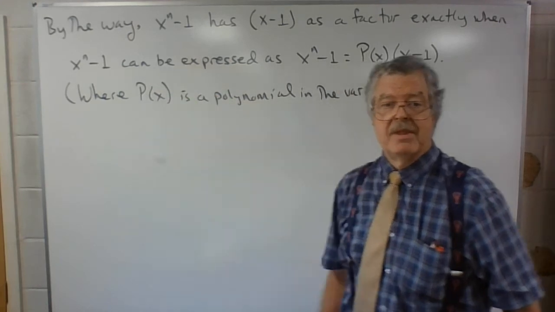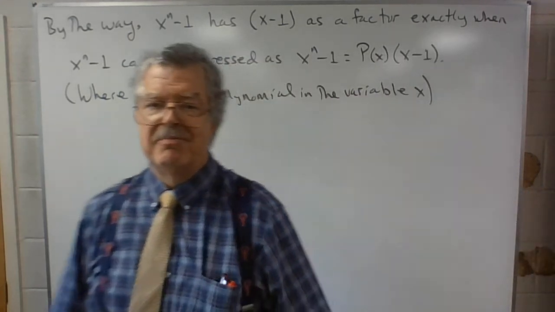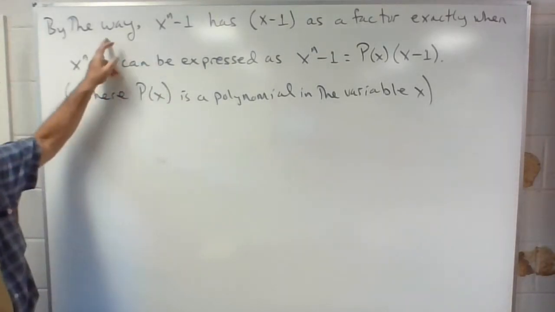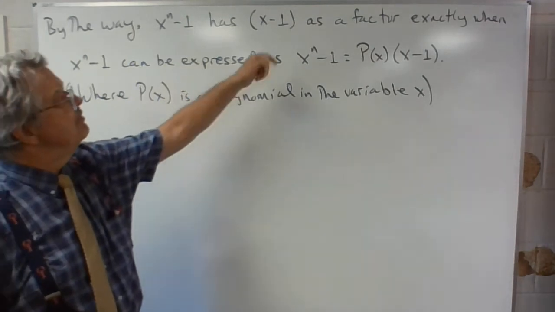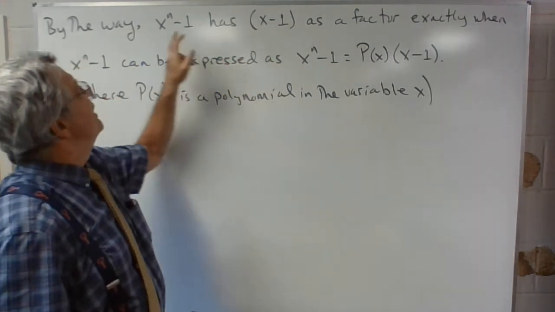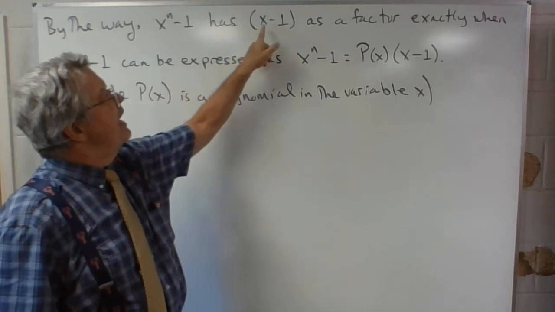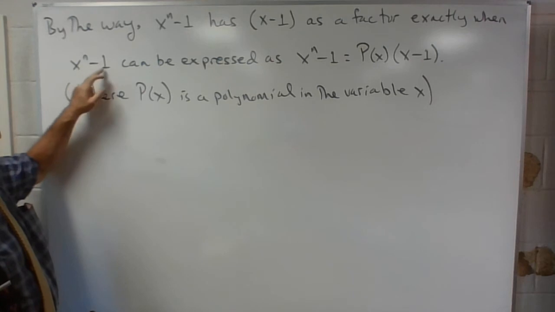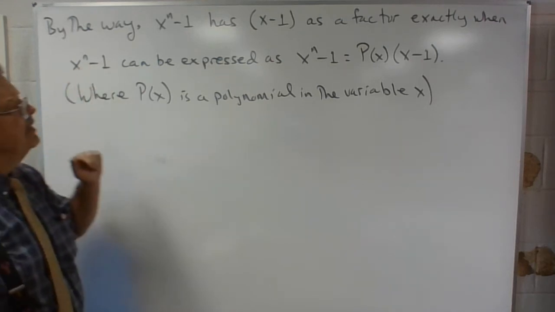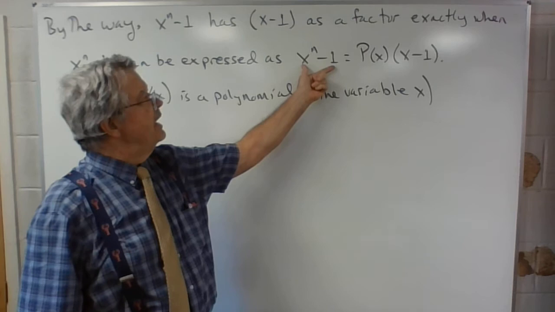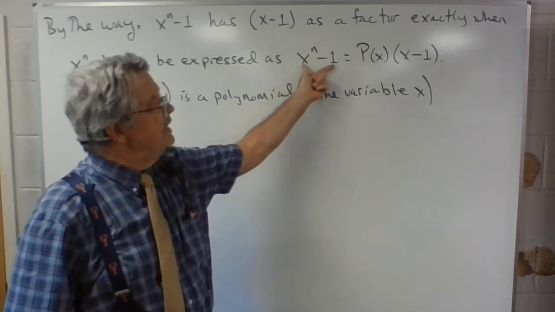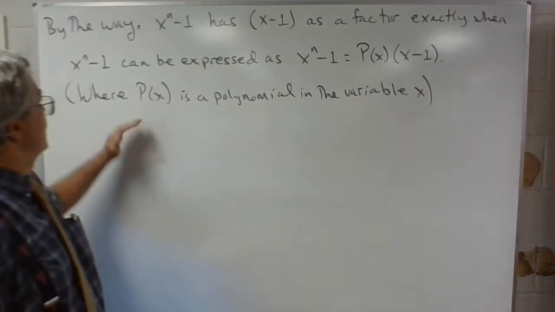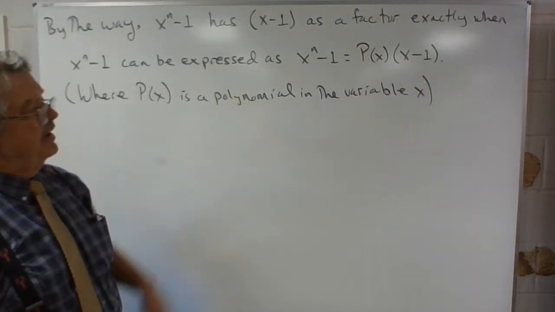By the way, what that means is, I should have told you this earlier, but I'm telling you now. x to the n minus 1 has x minus 1 as a factor exactly when x to the n minus 1 can be expressed in this way: x to the n minus 1 equals p of x times x minus 1, where p of x is a polynomial in the variable x.